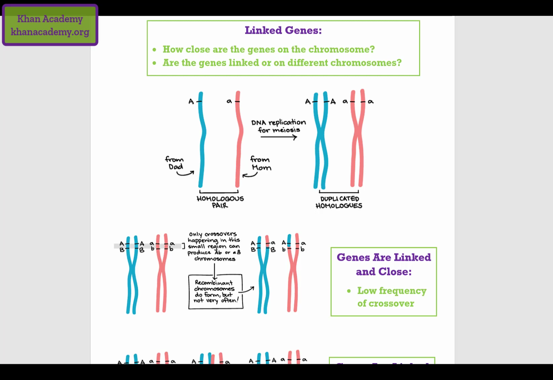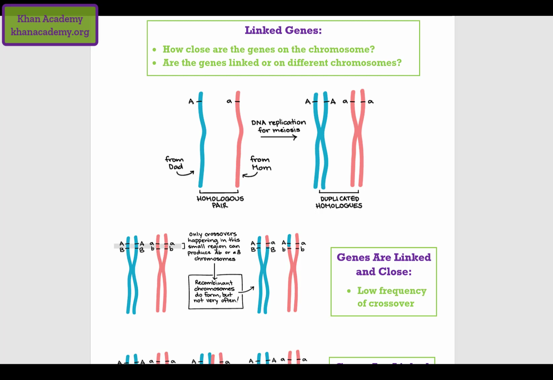In the last 2 videos, we talked about mitosis, meiosis, how the stages are similar, how the stages are different, what you need to look for when you're looking at a picture of a cell to determine what stage of the cell cycle it's in. And in this last video, we're going to focus our attention on linked genes and the law of independent assortment and the law of segregation.